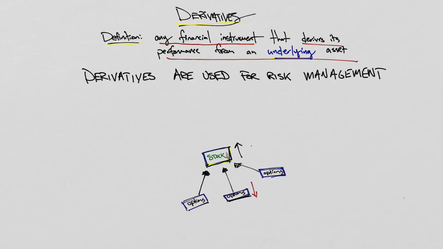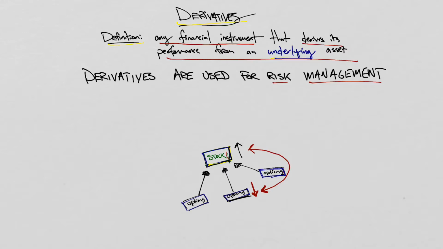It's the magnitude by which these two change, not the direction, that defines what a derivative is. And so for risk management purposes, this type of derivative, the one that goes negative when the underlying goes positive, is actually a very useful feature.